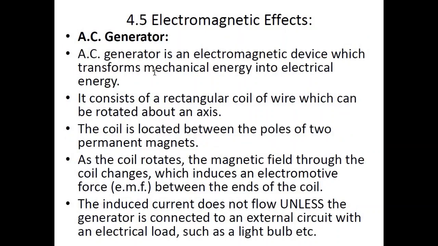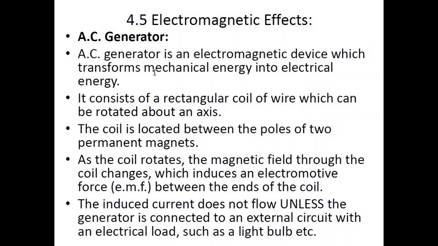Next we have the AC generator, or the alternating current generator. It is an electromagnetic device which transforms mechanical energy into electrical energy. It consists of a rectangular coil of wire which can be rotated about an axis. This coil is located between the two poles of permanent magnets.